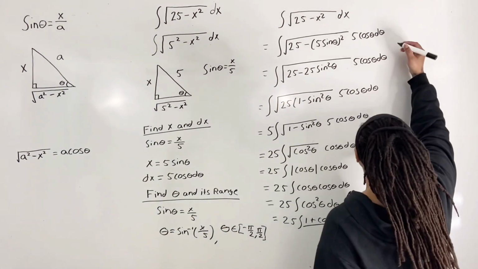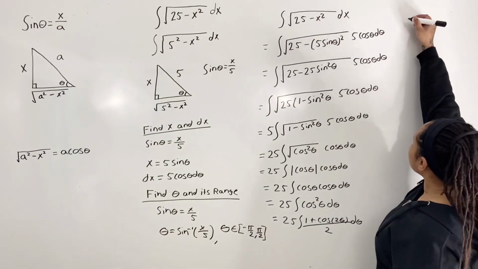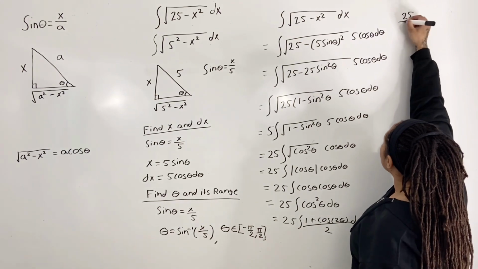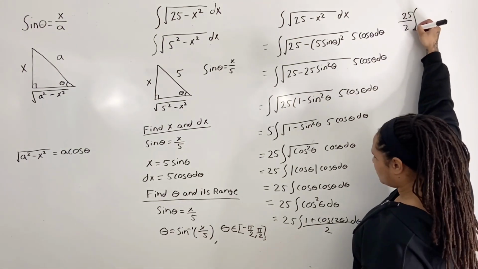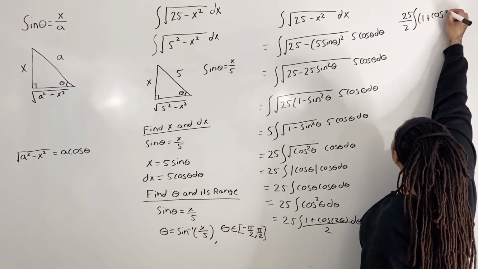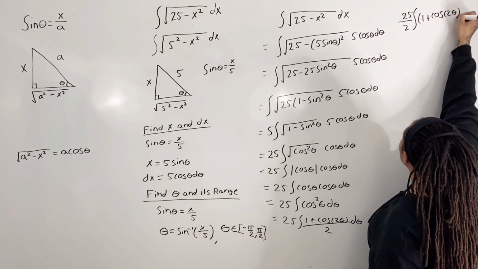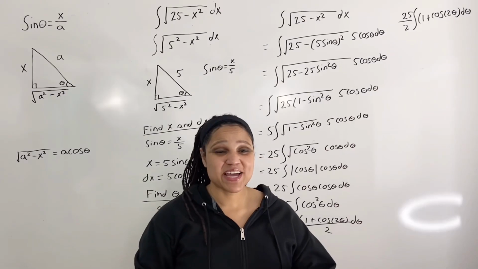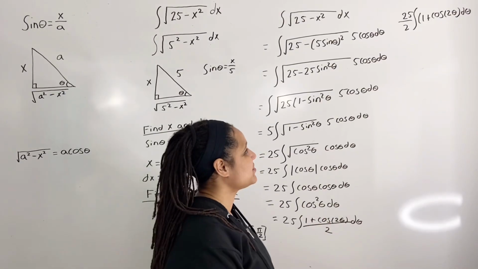So this is going to equal, so we have 25 divided by 2 times the integral of 1 plus cosine of 2 theta d theta. Okay, now we are ready to evaluate the integral.